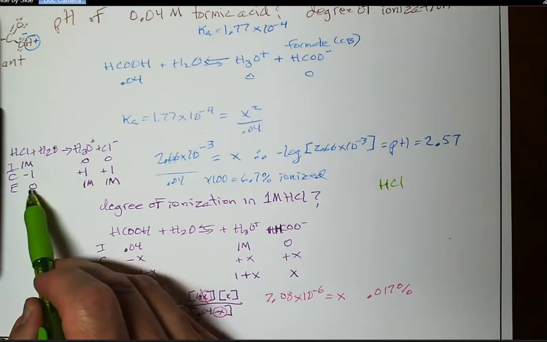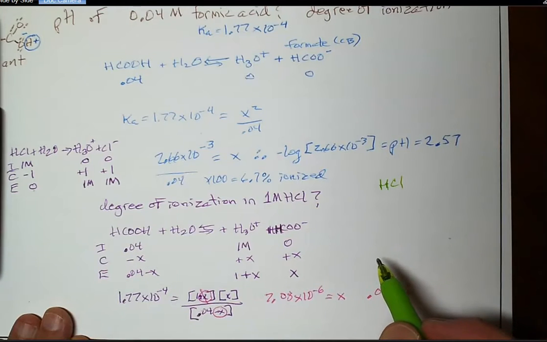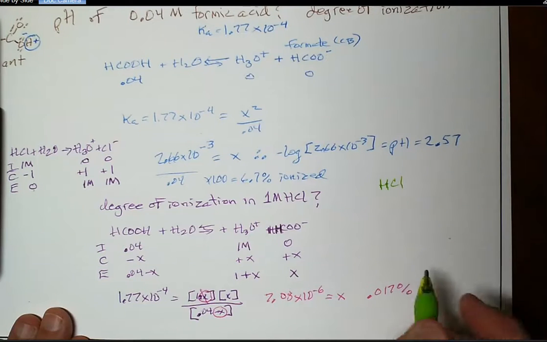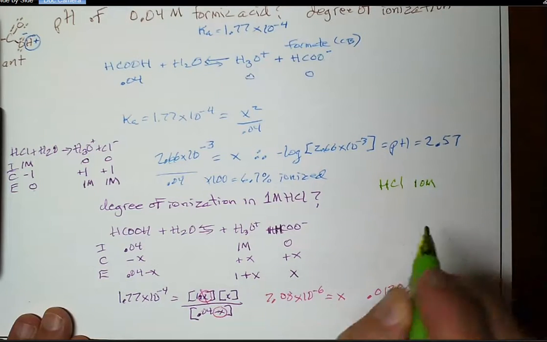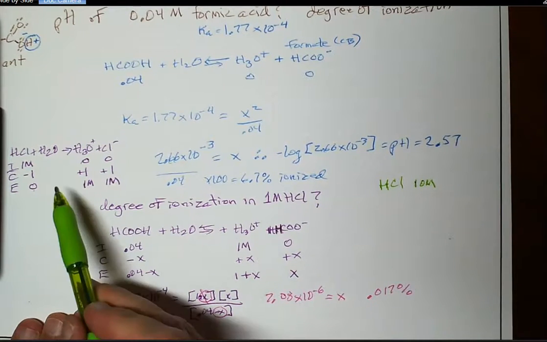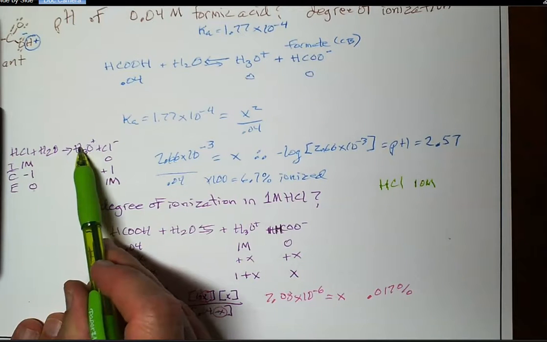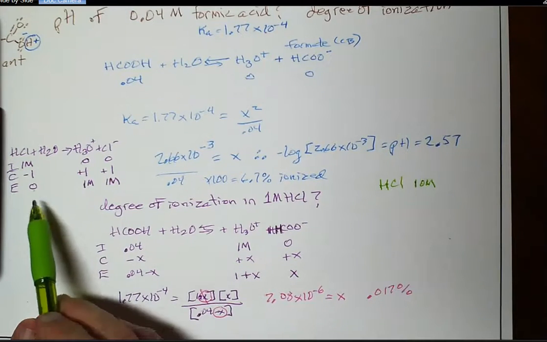All 1 molar of it, so there's none left. Concentrated hydrochloric acid comes in a 12 molar concentration. So I'm not even going to go with that. I'm going to go with something a little more watered down than that. Let's imagine 10 molar hydrochloric acid. So if 1 molar hydrochloric acid leads to 1 molar hydronium, what will 10 molar hydrochloric acid lead to?